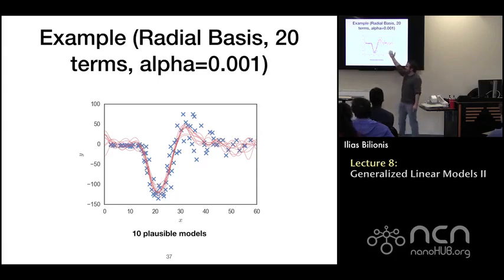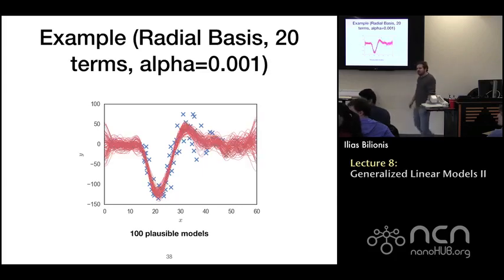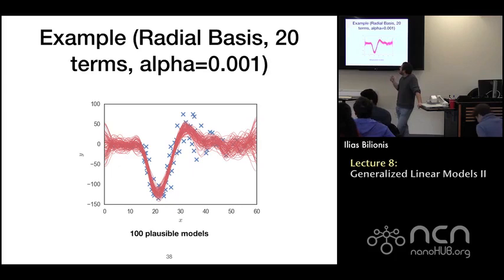Which one is the right one? I don't really know. You cannot really select one of them. Any of these models is as good as any other. Why are there so many models? Because you are uncertain about the parameters of the models.